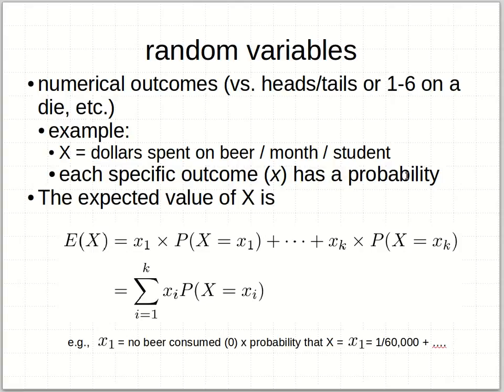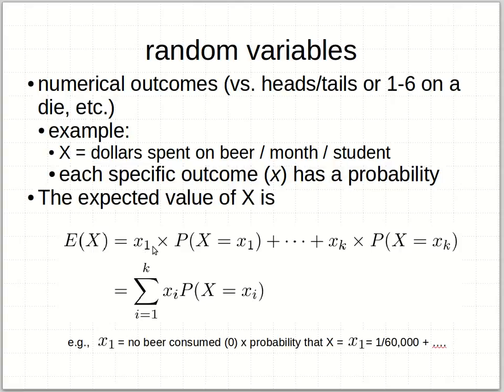So each specific outcome, x, has a certain probability. That expected value of x, this E of x, is this x, our lowercase specific outcome, times the probability of that occurring, plus the next value times its probability, plus the next value times its probability, etc. Okay? So these probabilities are simply the proportion of students that spent that much on beer.